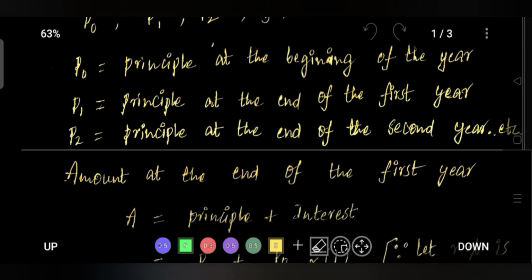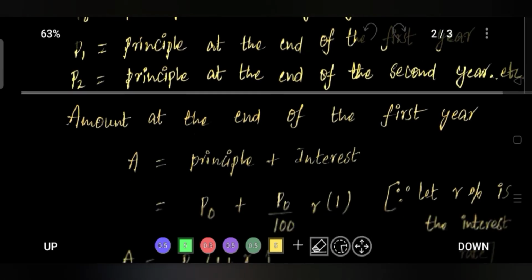Likewise, P2 means principal at the end of the second year. Now I will calculate the interest for the first year, for using the money for 1 year.